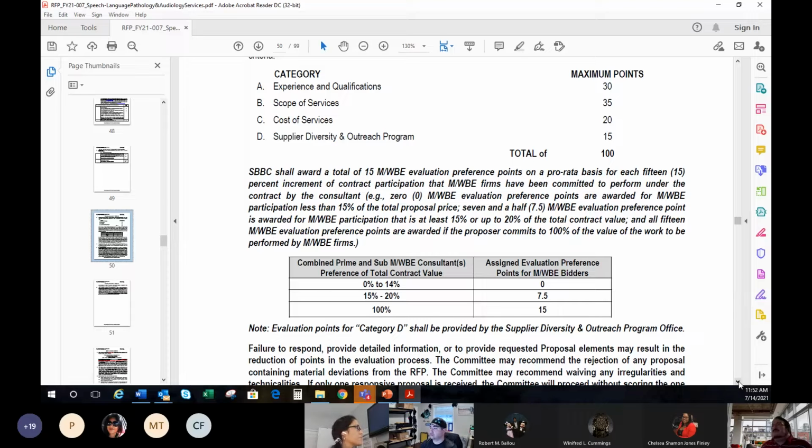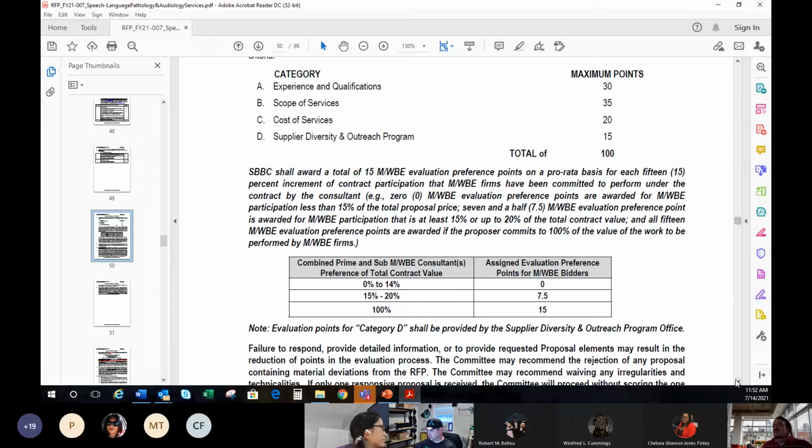So again, that varies depending on the type of solicitation that is put out. For our type of solicitations, not the benefits solicitation I just mentioned, the committee members actually score on A and B.